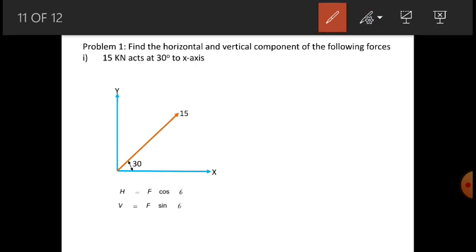The formula is F cos theta, because theta is making an angle along the x direction.